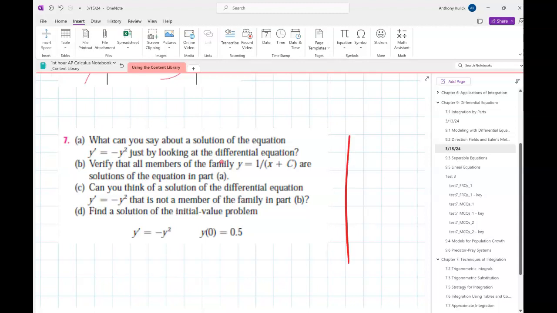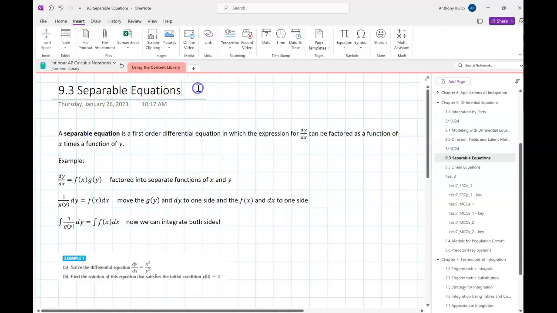Because if it's a negative natural log, it's going to look like that, which is decreasing all the time. That's my suspicion. I'm just trying to think of familiar looking functions. And I know what we're doing today, and I could use the techniques we're going to learn today to actually just solve it, which is lovely.